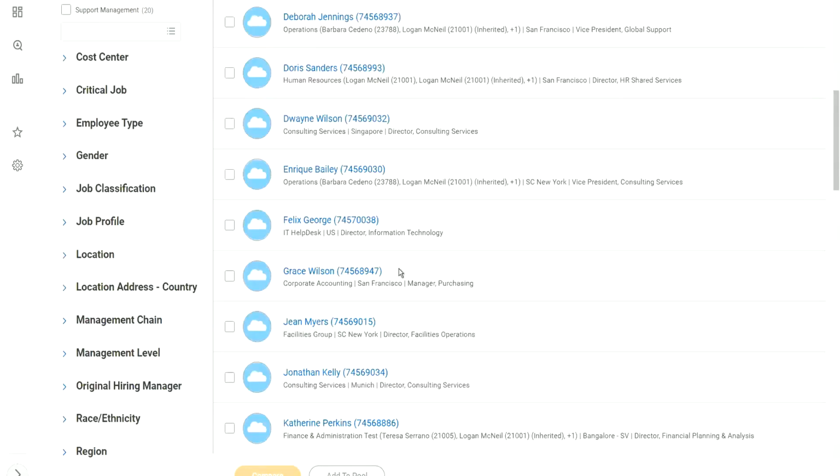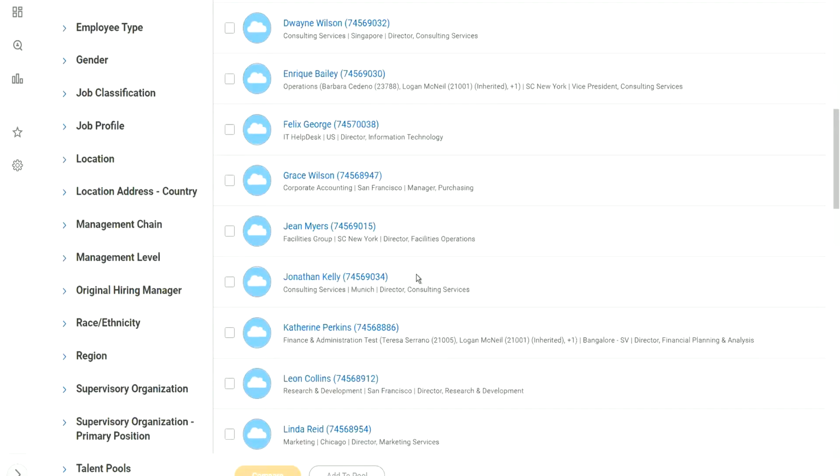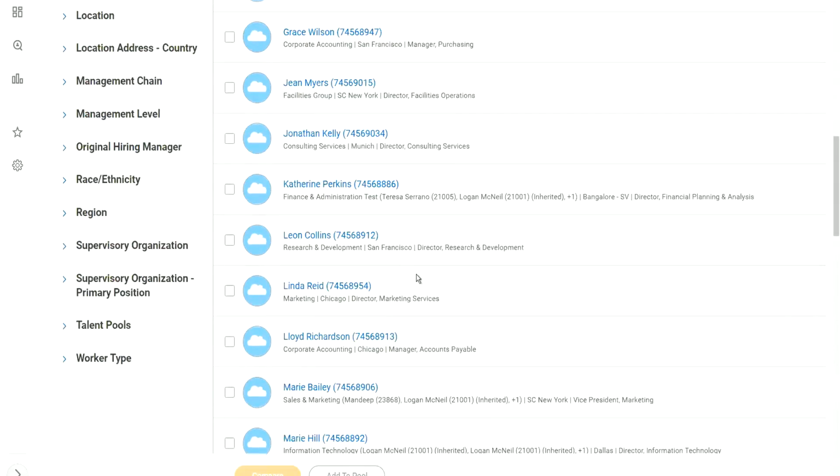Let's look at a few workers. Oh, there are quite a lot of workers. Let's say I want to compare Lloyd Richardson and Jonathan Kelly. I want to compare these 2 workers.